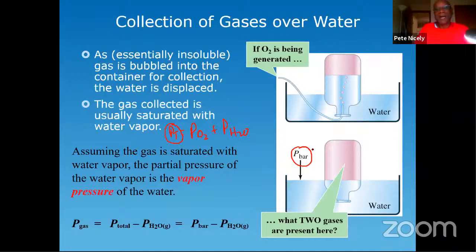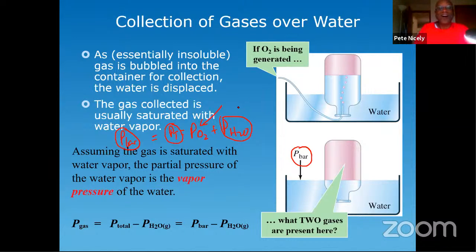So you can measure the barometric pressure by using a barometer. Remember that instrument we talked about when we just started this chapter? So we can replace PT with P bar, or P bar is equal to PT, right? So therefore, if we have the barometric pressure, and if we know the water vapor pressure, then we can easily calculate the pressure of the oxygen.